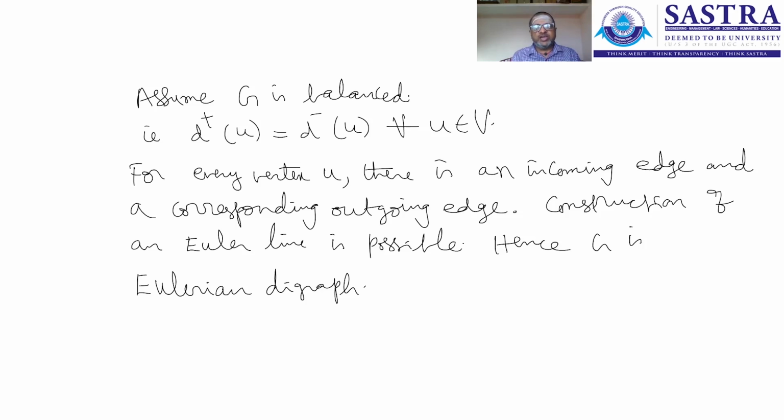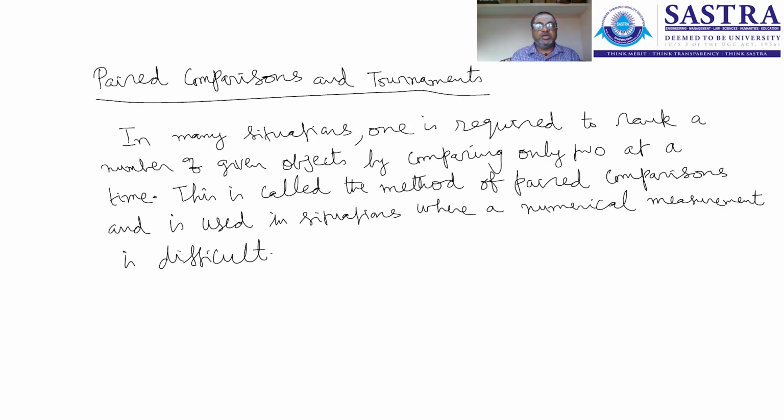So every time I enter the vertex, I have a distinct edge which I have not already traveled, so that I can select an Eulerian line, and if I have an Eulerian line, then I say that the graph G is an Eulerian digraph. So if the in degree and out degree of every vertex are equal, then you can conclude that the given graph will be an Eulerian digraph.